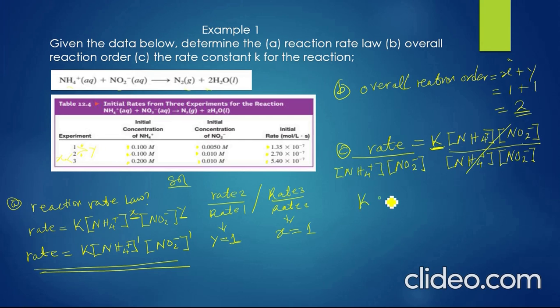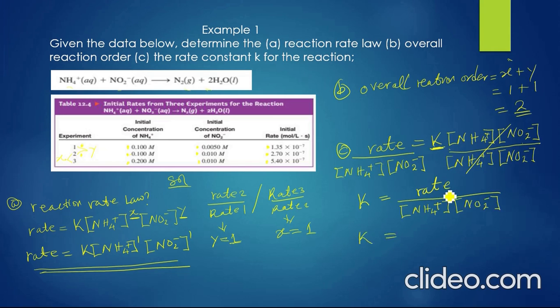Therefore, the rate constant K would be the rate over the concentration of ammonium ion over the concentration of nitrogen dioxide, and then here our K is equal to.